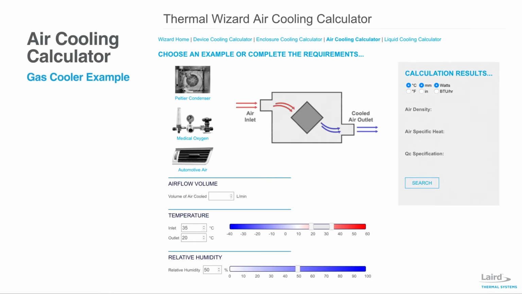In our first example, we will use the air cooling calculator to determine the QC requirement for a gas cooler application. Since we don't have an example that exactly matches our application, we will input the required data. In this gas cooler example, we will have a max airflow of 8 liters per minute.